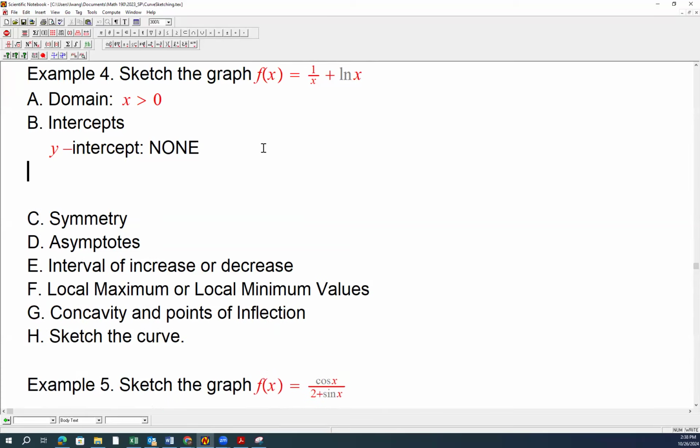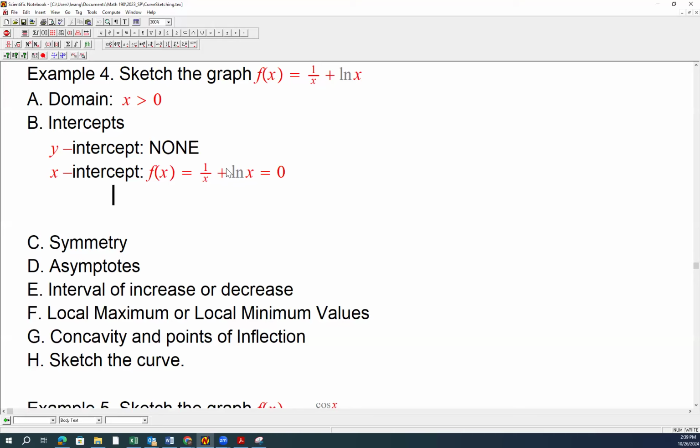Do we have an x-intercept? To get an x-intercept, we set the whole function equal to 0, that is, y equals 0, and all of this solving is going to be within the domain. So when we solve, what do we get?